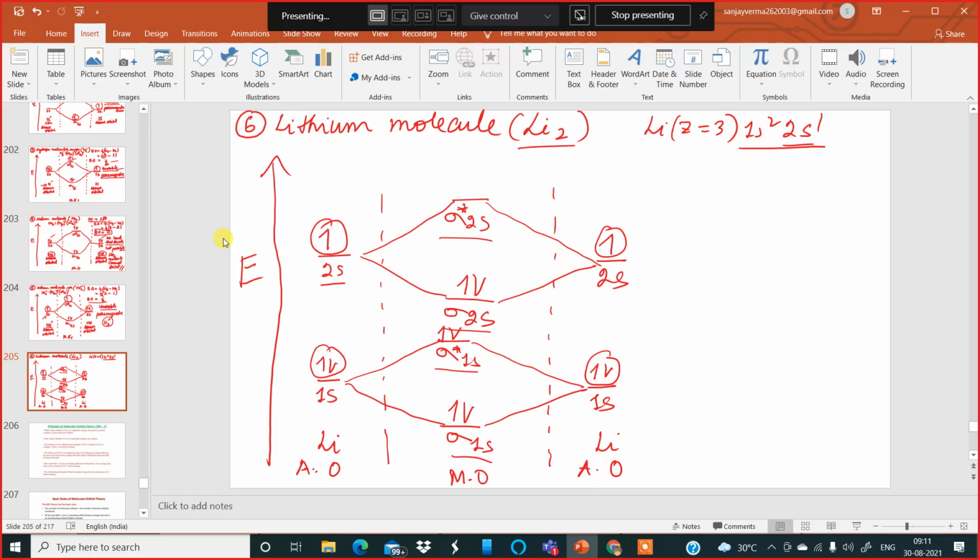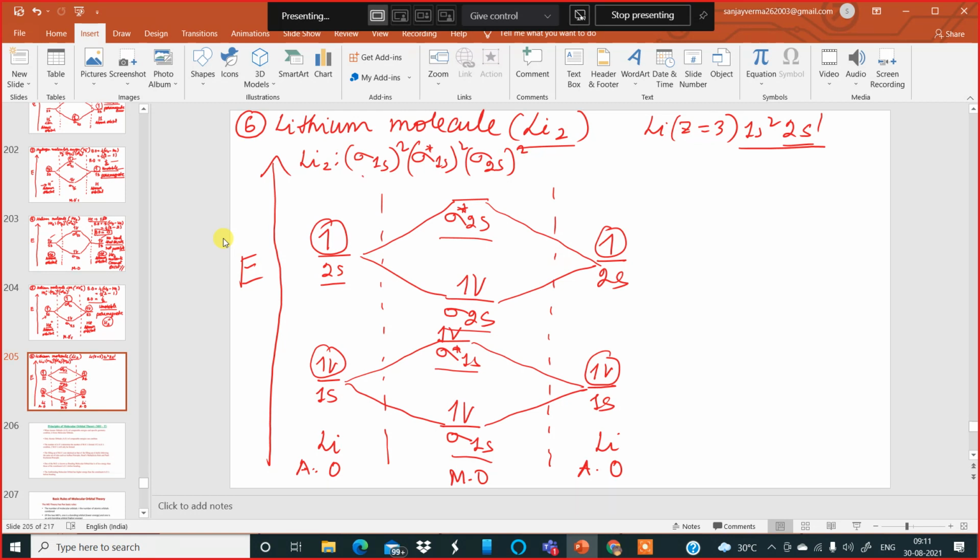Now to write the electronic configuration according to molecular orbital theory, for the lithium molecule we write Li2: sigma 1s 2 electrons, then sigma star 1s another 2 electrons, after that sigma 2s 2 electrons.